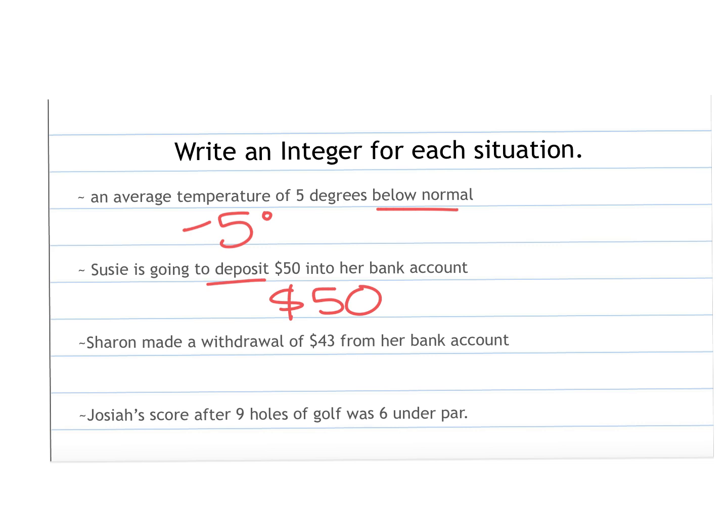Sharon made a withdrawal of $43 from her bank account. Withdrawal means that you take out money, so she would have -$43 from the amount that she had. And Josiah's score after 9 holes of golf was 6 under par. So we would write that as -6, or we would say 6 under.